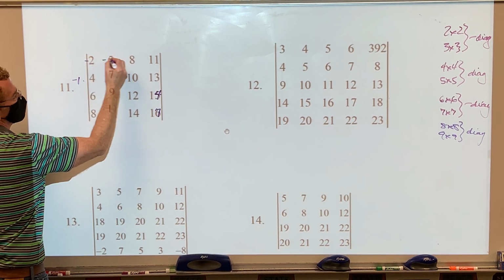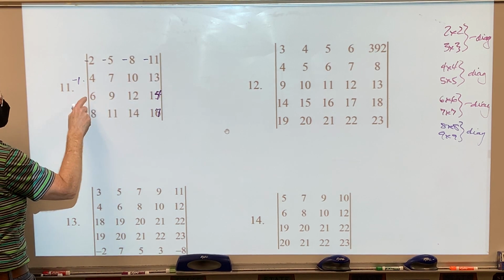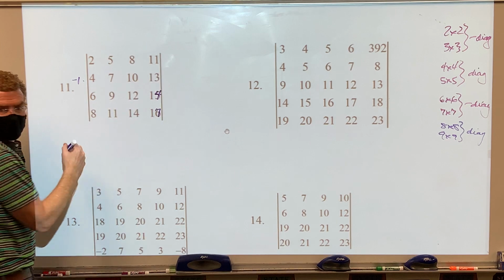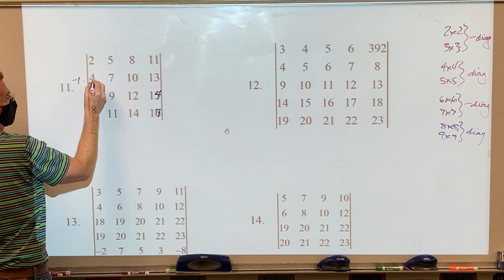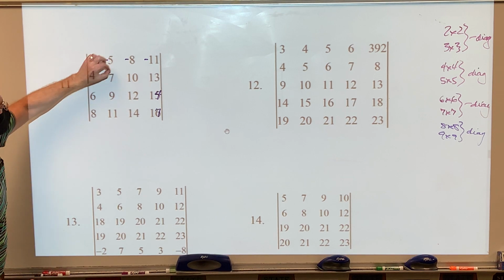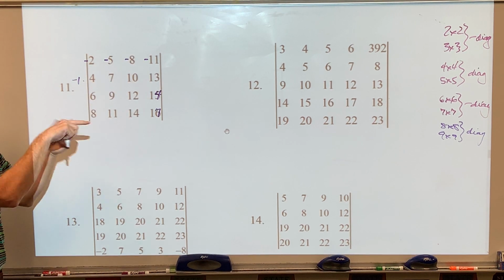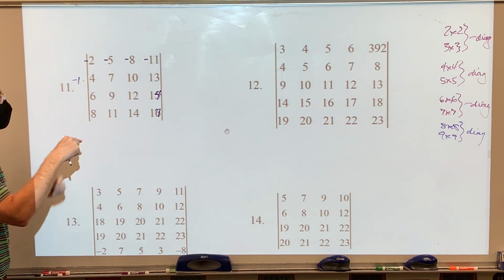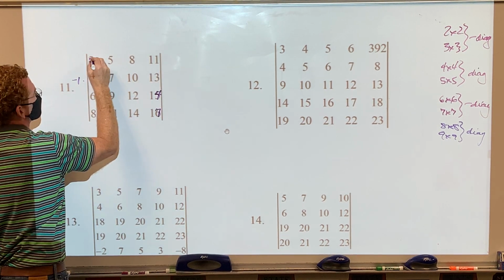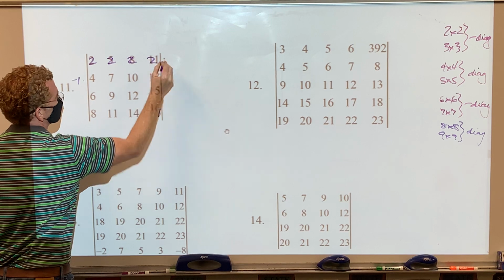But watch, remember the process of this? If I pull the negative out and add these together, I get 2, 2, 2, 2, right? Y'all remember that? Again, if I factor a negative out of the top row, and then add these two together and replace one of them with the result, I would get 2, 2, 2, 2.